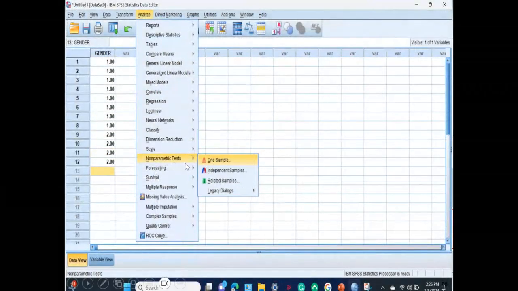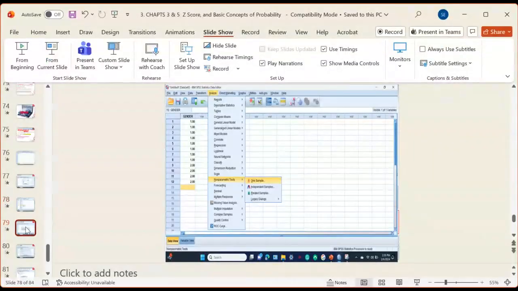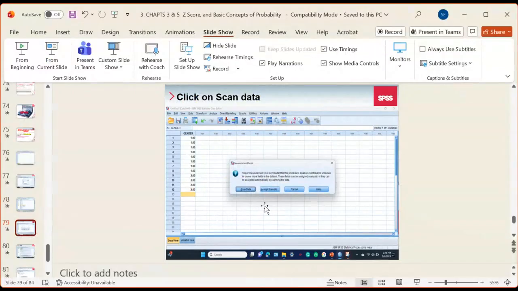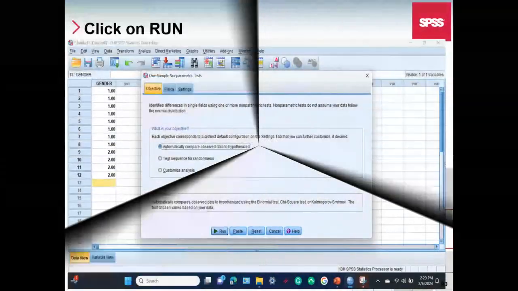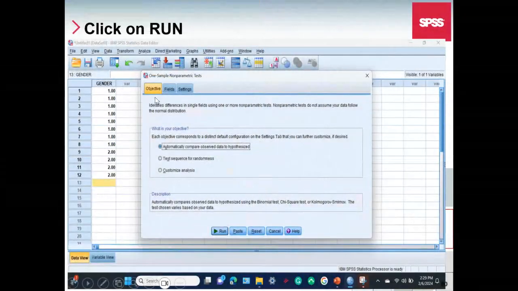and then nonparametric tests, click on one sample, and then click on the first button. It says scan data. Then right there, click on objective and run, and make sure the first top one, automatically, is clicked.